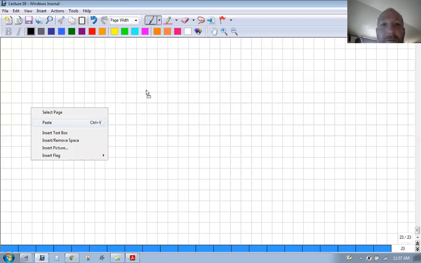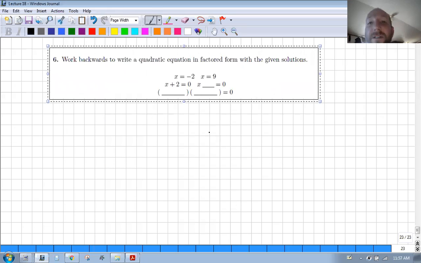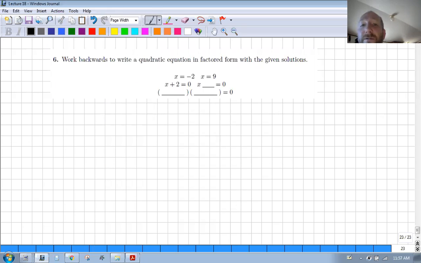Work backwards to write a quadratic equation in factored form with the given solutions. You set each solution, just start off writing them down and then set them both equal to 0. Here we add 2 to both sides. Here we'd subtract 9 from both sides.